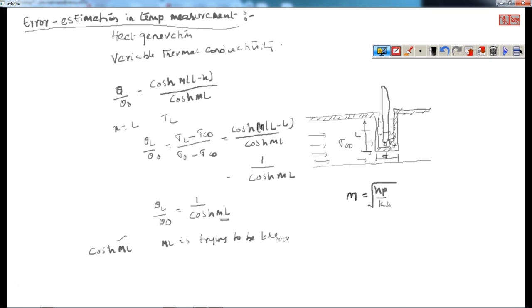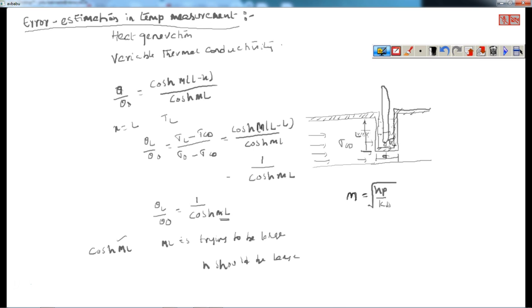When mL is large, h should be very large so that you get the error in small values. This is something we need to do in error estimation problems.